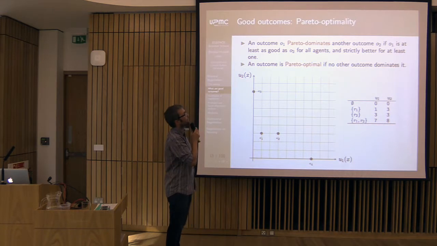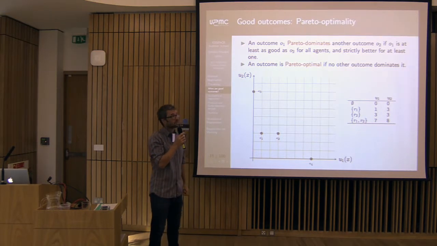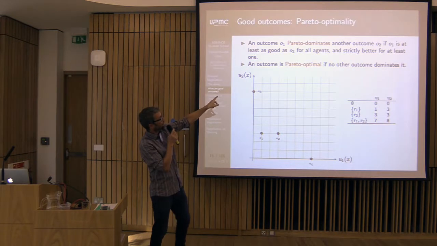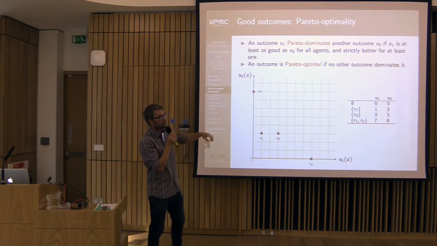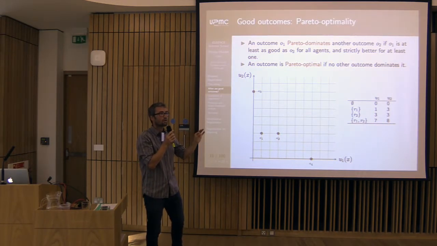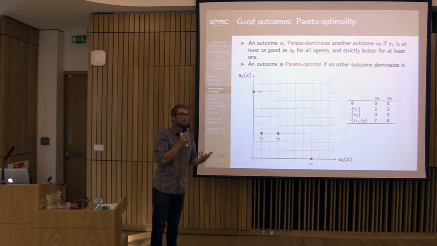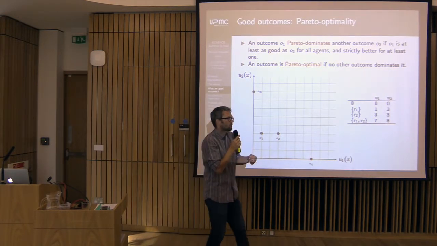So an outcome is Pareto optimal. Let's say it the other way around. An outcome O1 Pareto dominates another outcome O2 if it's at least as good as O2 for all the agents, and for one of them it has to be strictly better.